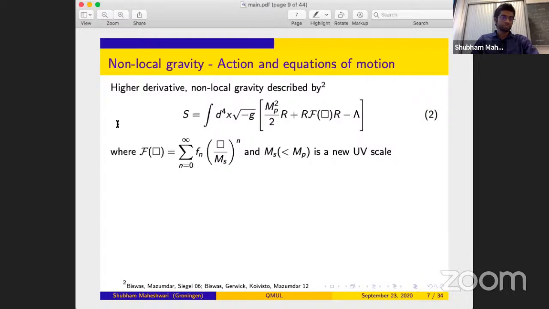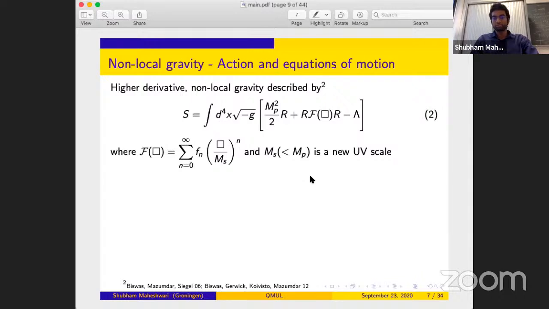So inspired from these non-local theories in other contexts, this f of box is a function with unknown coefficients f_n, but the important point is I will consider an infinite series of derivatives. So this box is g^{μν} ∇_μ ∇_ν, and you have a sum all the way from n equals 0 to infinity. And since for dimensional reasons you need to have a new mass scale, which I will call M_s, I'm assuming that it is less than the Planck scale, which I assume to be the highest scale in the universe.